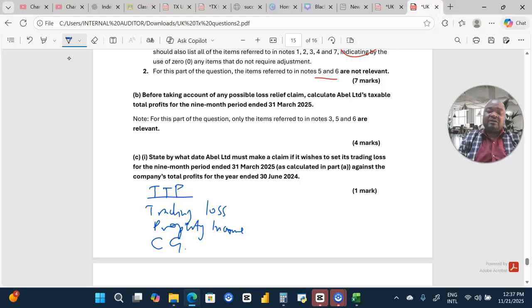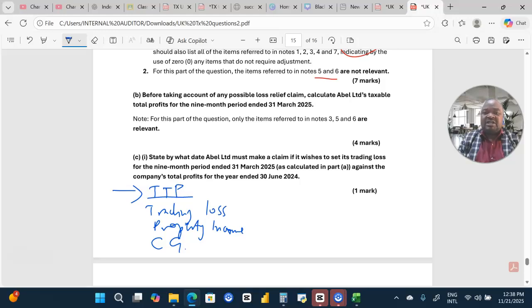So let's start with the trading loss. Remember, this is taxable total profits. If any of these items is a negative figure, it ceases to qualify to be a candidate in this pro forma. So our profit here is a negative figure.